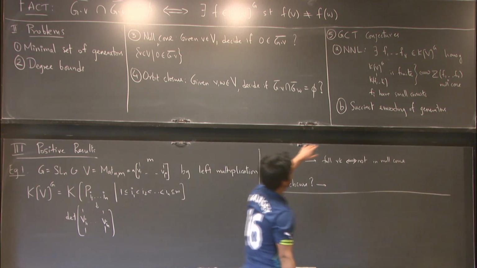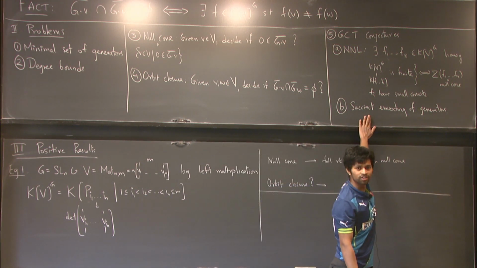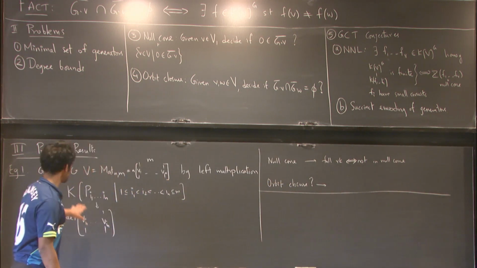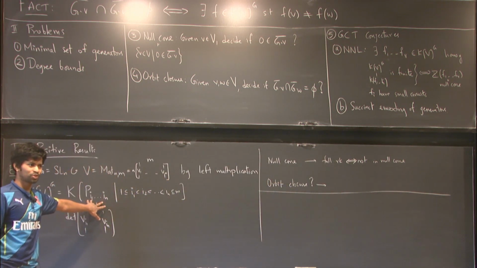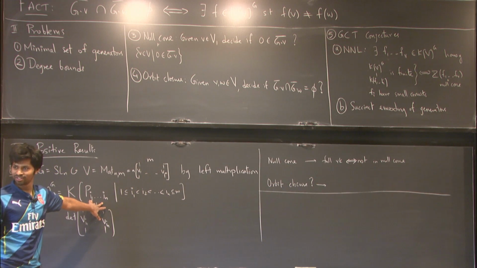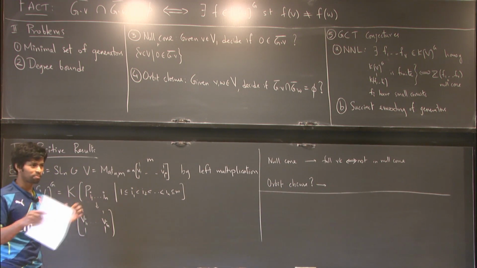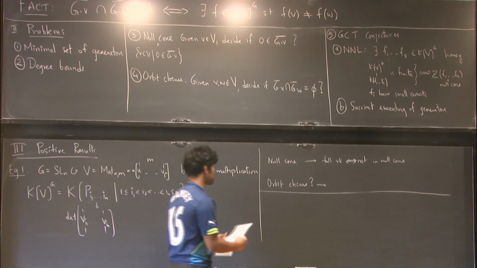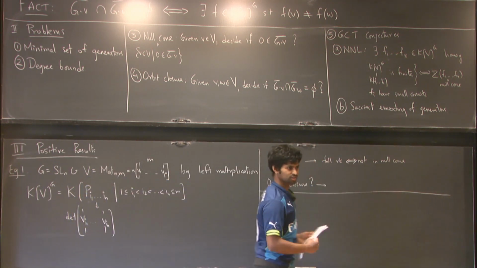But let me give you what the succinct encoding of generators is. As we figured out, there are too many of them, which apparently is not so good for algorithms. So we want a way to pack them all together, and I'm going to describe for you something, and hopefully you understand roughly what something like this means.